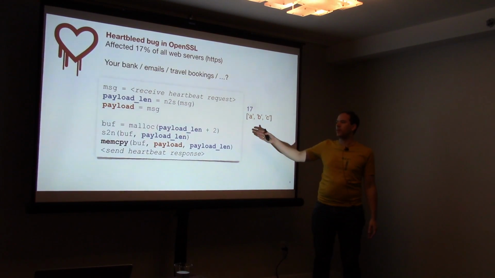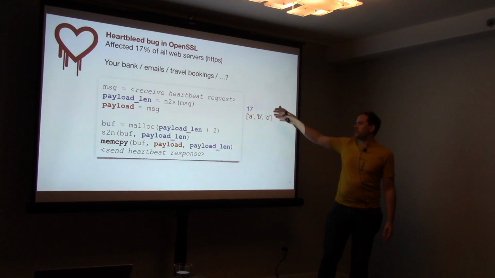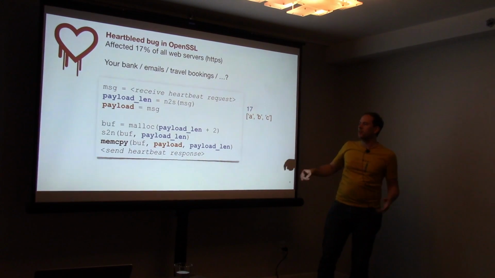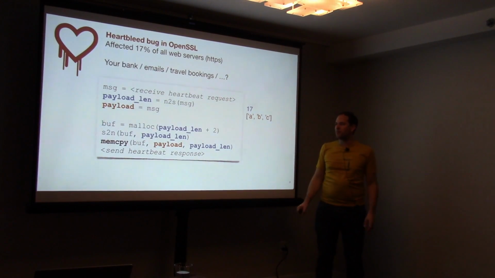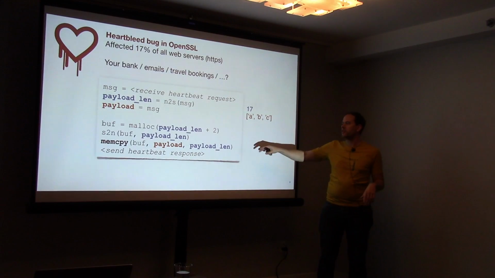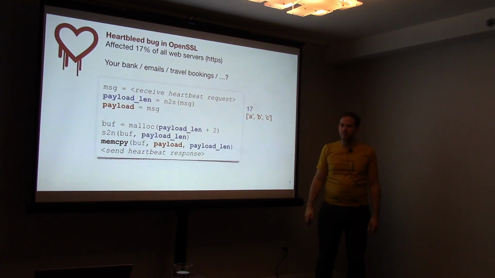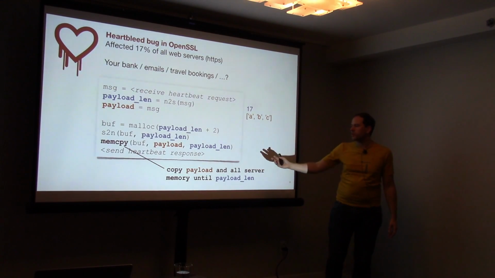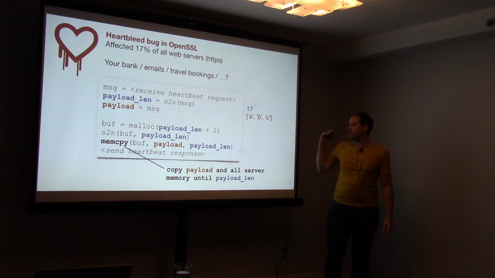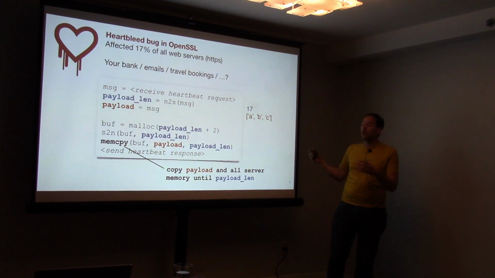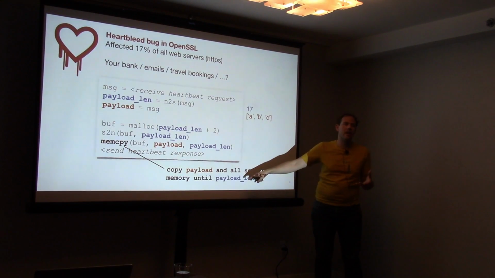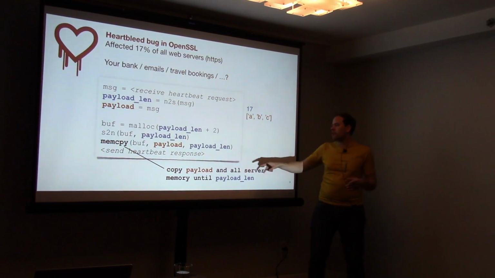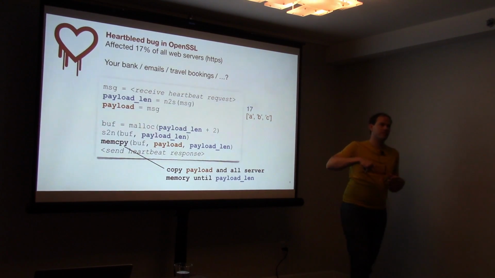So what's happening is we allocate a buffer for the size of the message that we want to echo back. We do some administrative management in the S2N function, and then finally we do memcpy. Right? And that's where the problem occurs. We're trying to copy payload length many bytes from the payload into that new buffer.